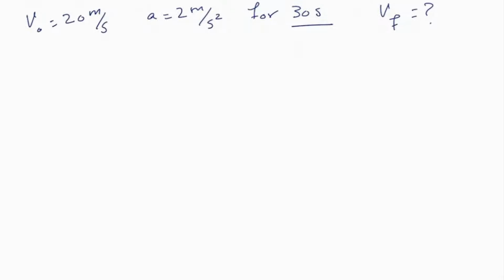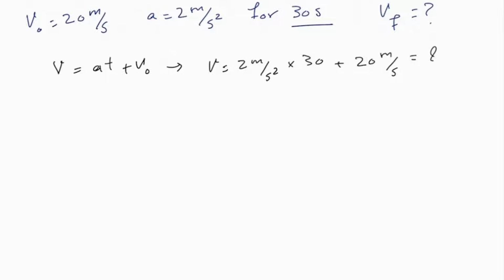So let's use the most recent equation we obtained. v is at plus v0. So v is 2 meters per square seconds times 30 seconds plus 20 meters per second. That would give us 80 meters per second.